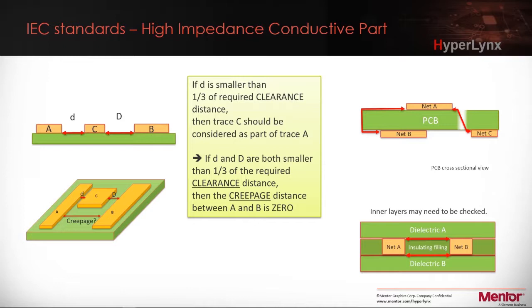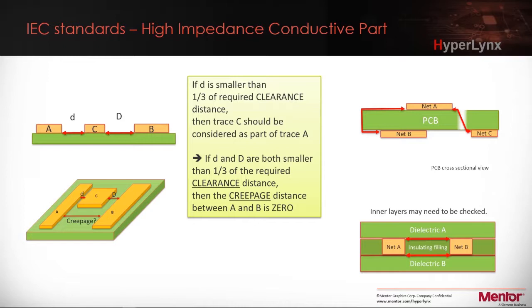If these clearance distances are smaller than 1/3 of the required total clearance distance, the object C is considered as a part of net A and/or as a part of net B. So if both lowercase d and uppercase D are smaller than 1/3 of the clearance distance, then we consider that net A and B have zero creepage distance.